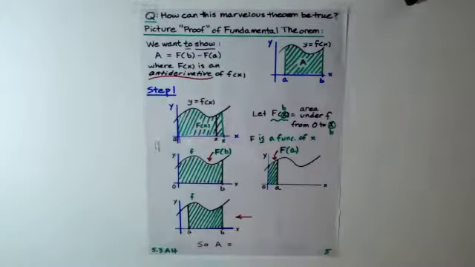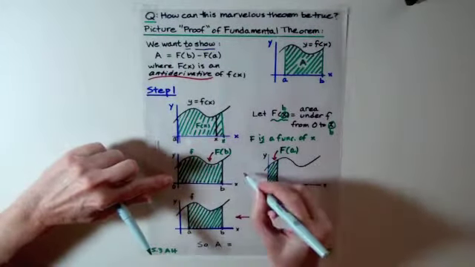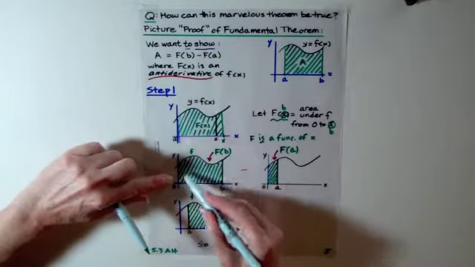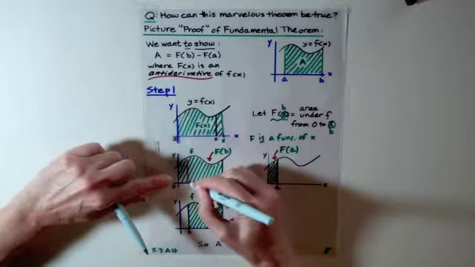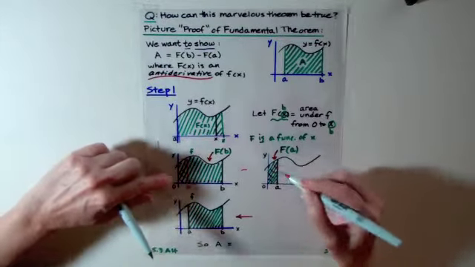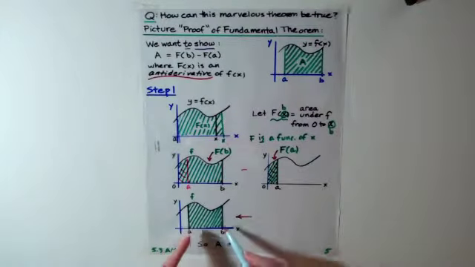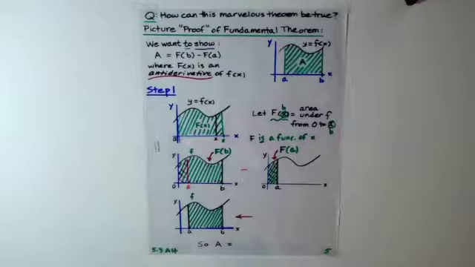And I hope you can see that one way to get that is just to subtract these two areas. If I took this big area and subtracted off this chunk, so I subtract off this red chunk, you end up with the area that's between the vertical lines x equals a and x equals b.